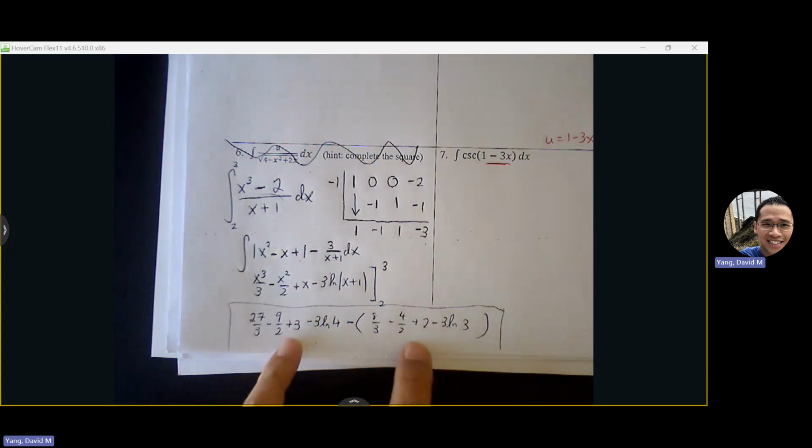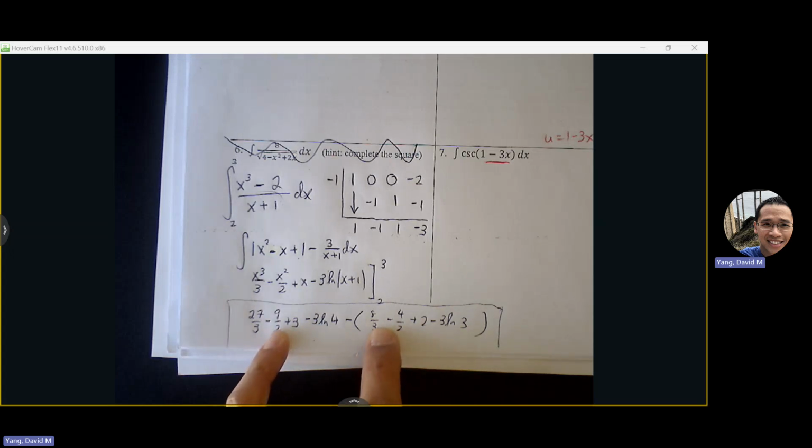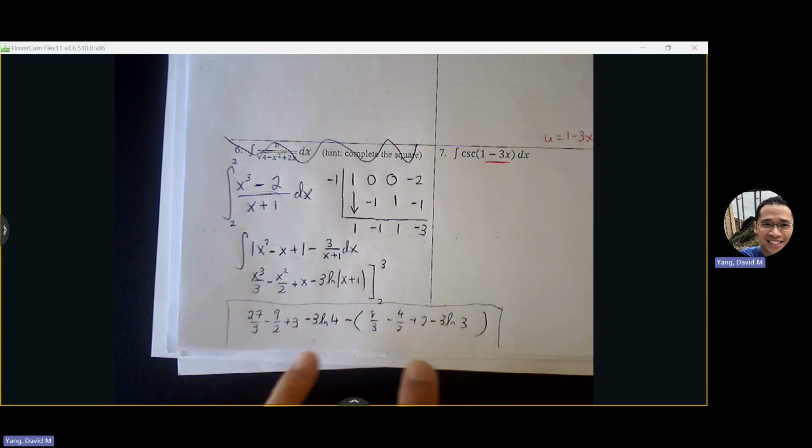You don't have to clean anything up unless there's trig. If there's trig, then you have to evaluate that trig down to a ratio. But on the AP exam, this is acceptable.